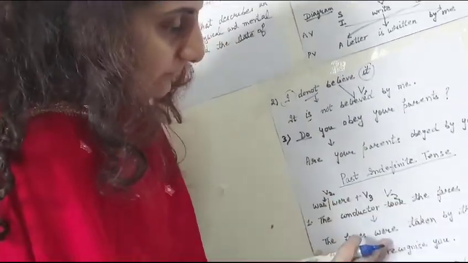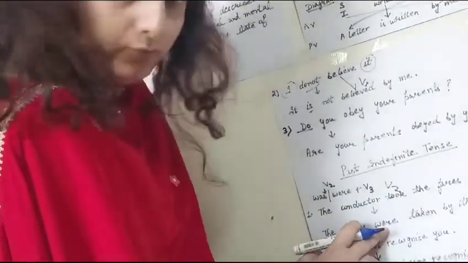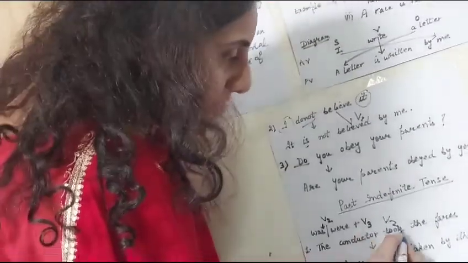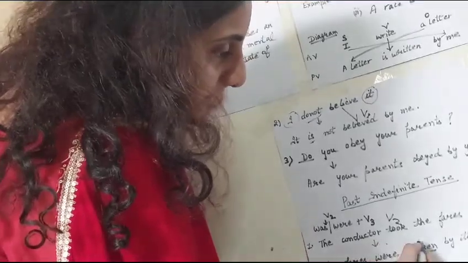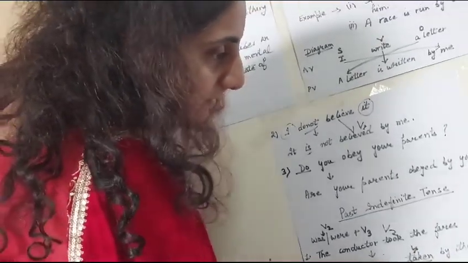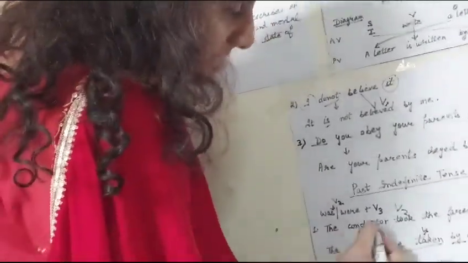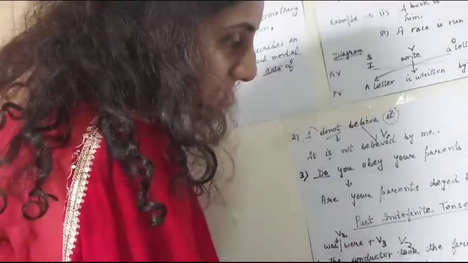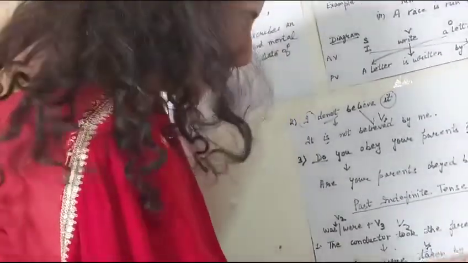This second form will be converted into were taken, third form, by the conductor. By is the preposition, and the conductor will become the object. So the fares were taken by the conductor.